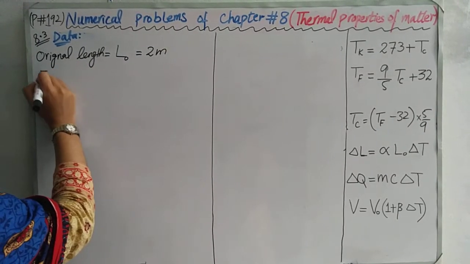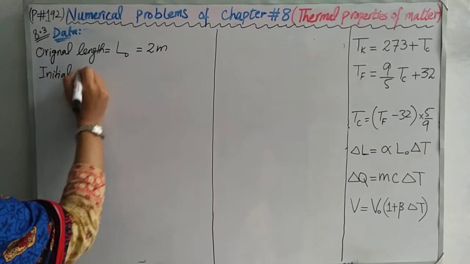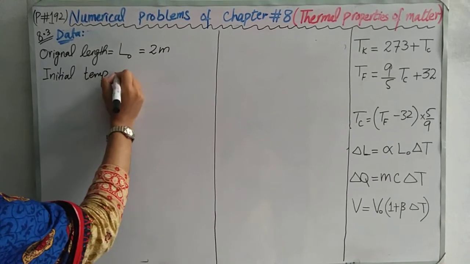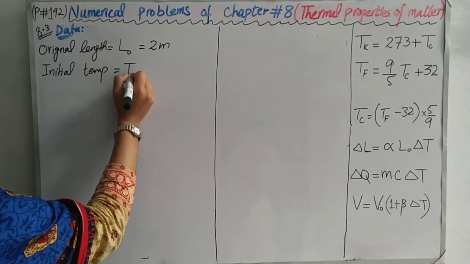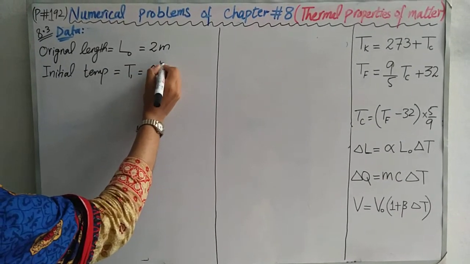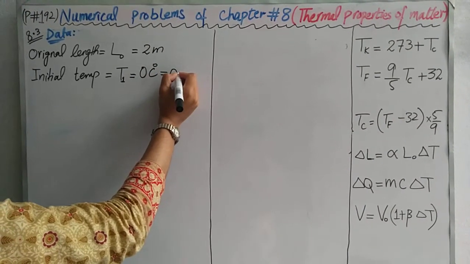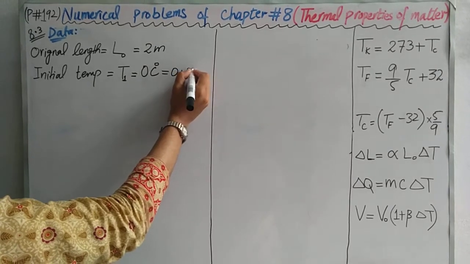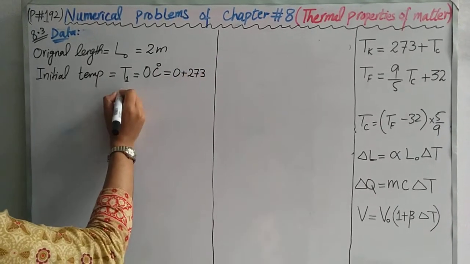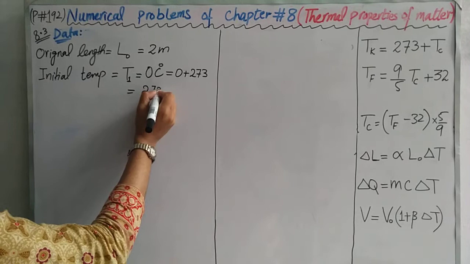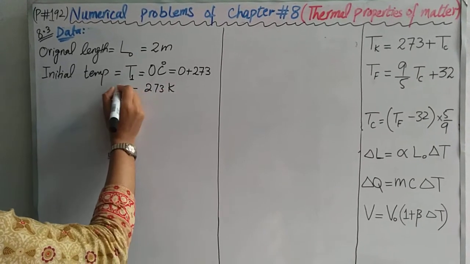Initial temperature is represented by T1 is equal to 0 degree centigrade. To convert into the Kelvin, we will add degree centigrade temperature plus 273, that is 273 Kelvin.